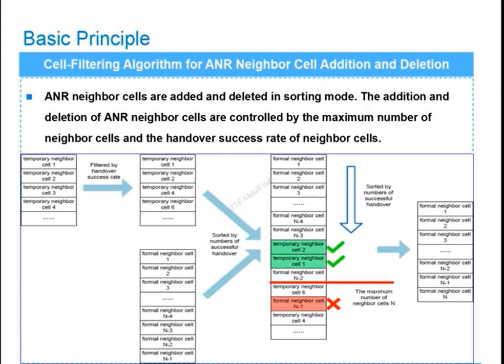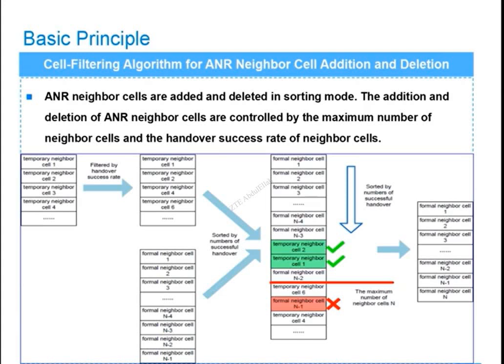The addition and deletion of ANR neighbor cells are controlled by the maximum number of neighbor cells and the handover success rate of the neighbor cells. It ranks the neighbor cells by handover success rate. Every time the ANR statistical period ends, the eNodeB filters the neighbor cells in the statistical range according to the handover success rate.